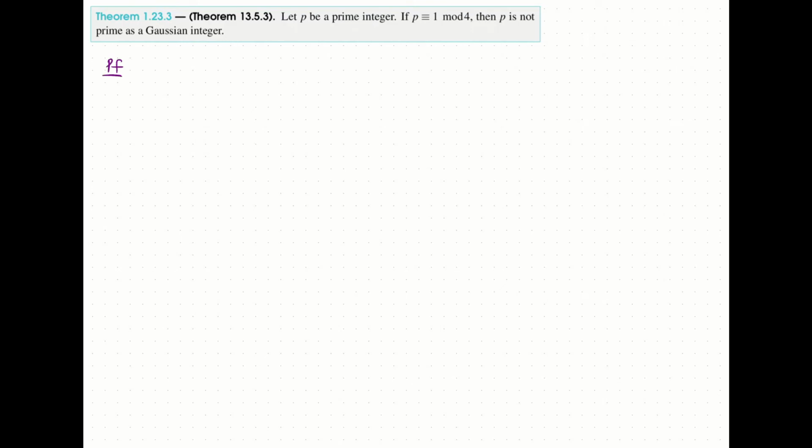that negative 1 on p is going to be equal to 1. So by the quadratic character of negative 1, we have that negative 1 on p is equal to 1, since p is congruent to 1 mod 4.